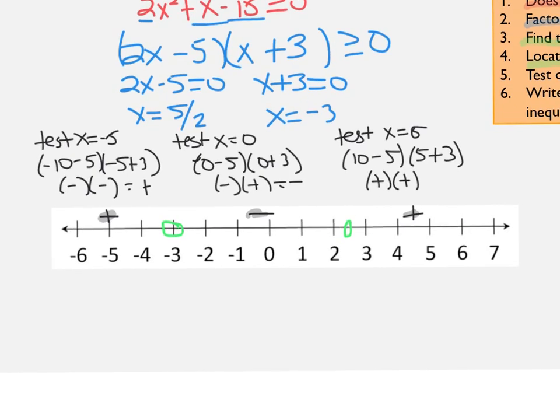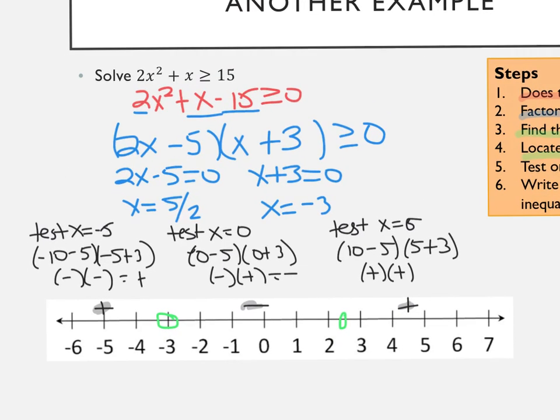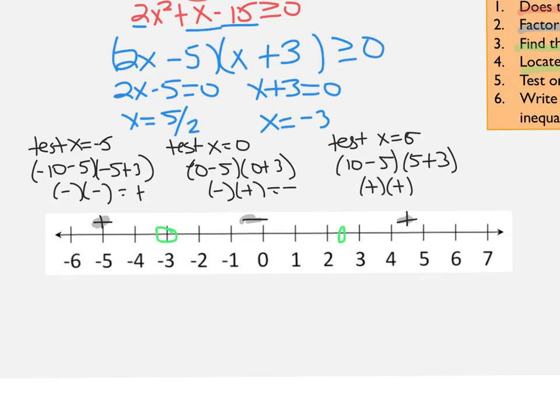Okay, so then our last step is to identify our solution set. So remember, in our original inequality, we have a greater than or equal to. Okay, so I'm thinking in my brain, greater than or equal to means we want the positives.